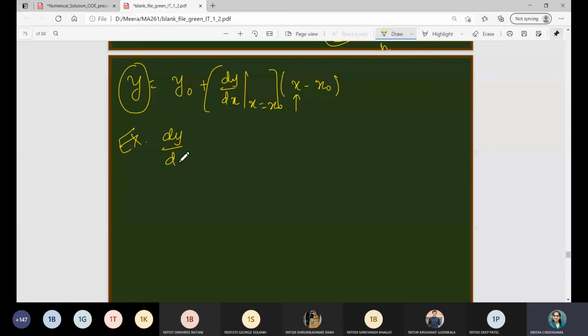The given quantity is dy by dx equal to x plus y. y of 0 is given as 1, and we are asked to find y at 0.1 and y at 0.2. These two quantities are asked, and h we are asked to take 0.05, right?